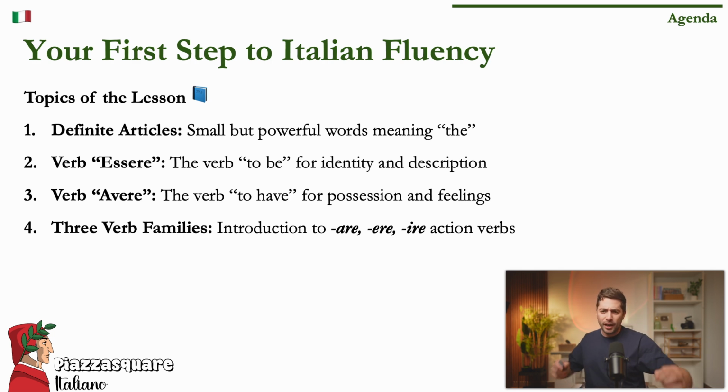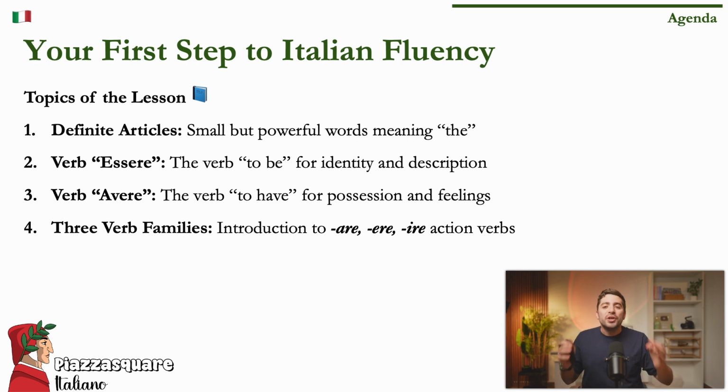First, the definite articles, the small but mighty words like the. Second, the verb essere, the verb to be, which is all about identity and description. Third, the verb avere, the verb to have, which is crucial for expressing possession and feelings.